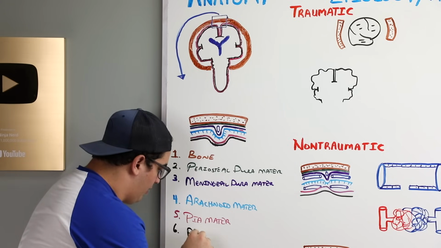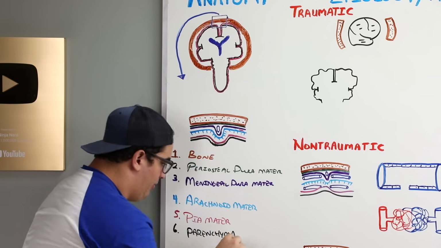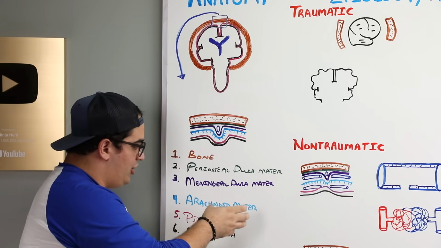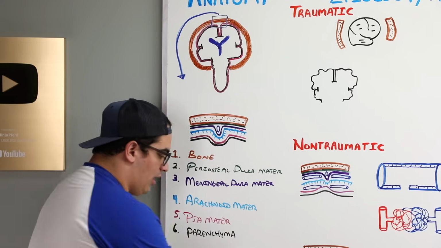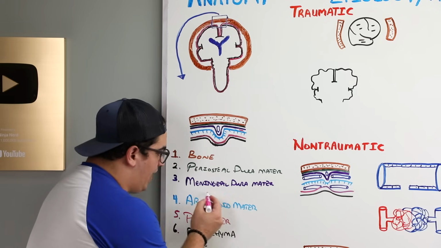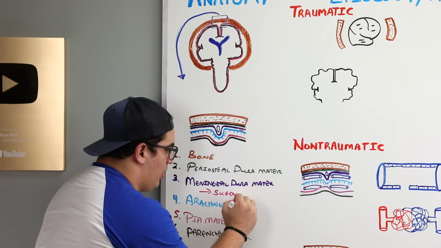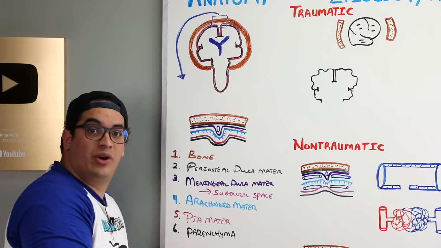So we'll put parenchyma. All right, beautiful. So we understand the different layers of the meninges all the way down to the brain parenchyma. And what's the really important space that I want you guys to remember? It's this space right here between these two layers, which is called the subdural space. So that's the space where the bleeding is going to occur.